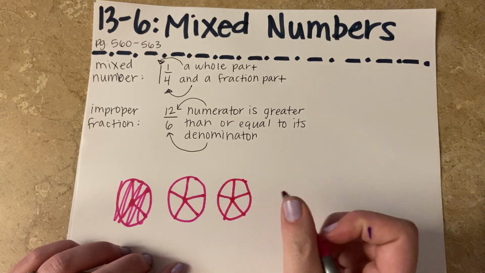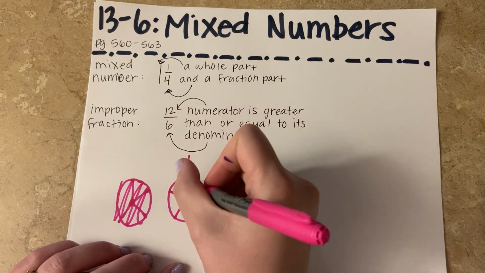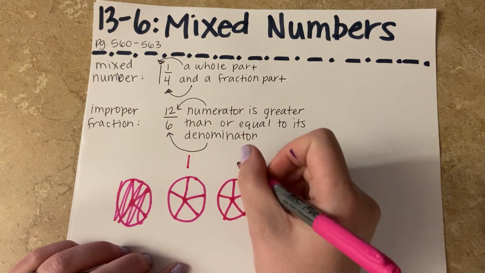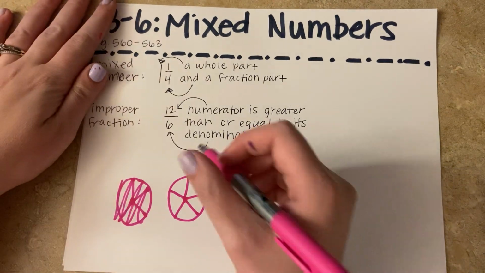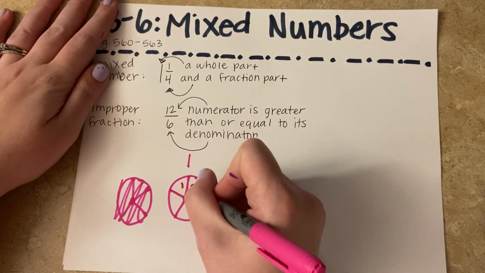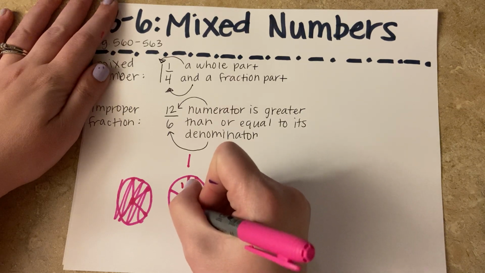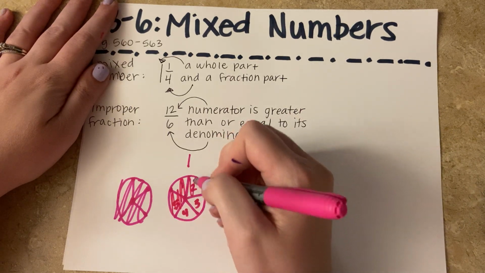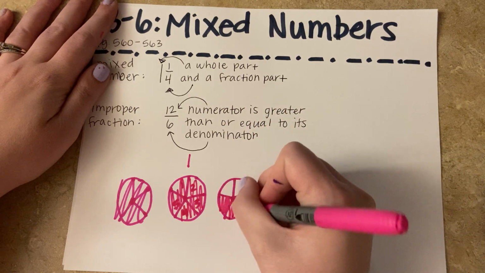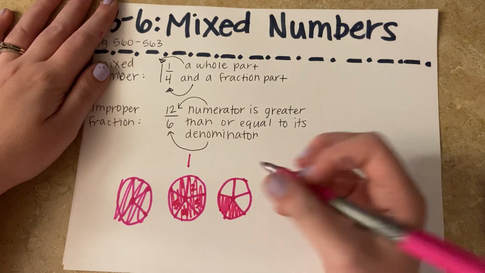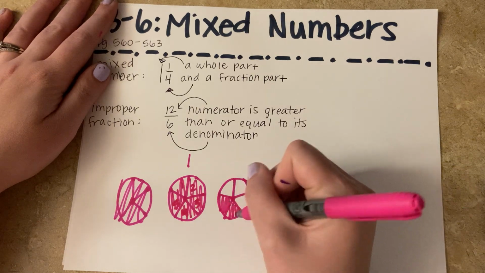Okay, so I've got 1 whole pie with 5 slices, and we have 7 slices left over. So that means we have 1 whole pie because we have 5 slices right here. 5, 6, 7. Okay, so on this, how many parts are shaded?